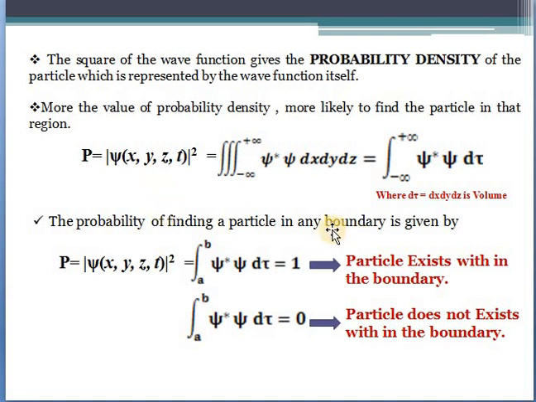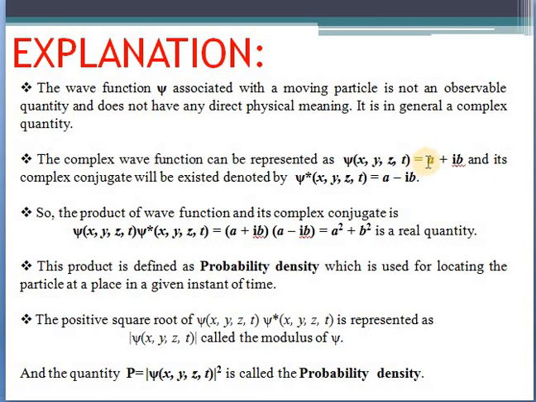Now if I consider a particular boundary which has limits from a to b, and I assume a quantum mechanical system within that boundary, so that I may expect a particle exists in that particular quantum mechanical system. How to identify that? First of all, we must define a wave function in the form of a complex function similar to a plus ib.